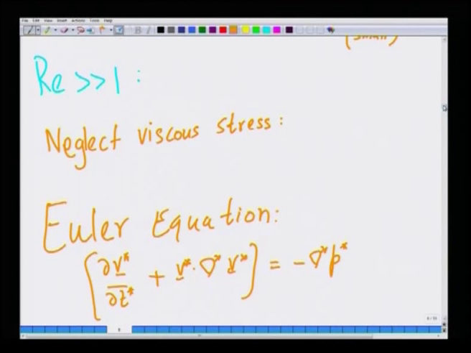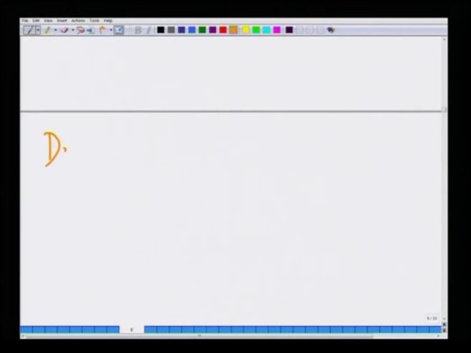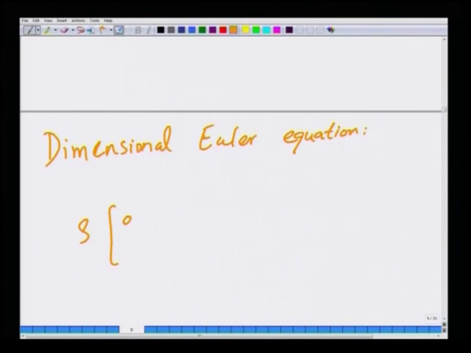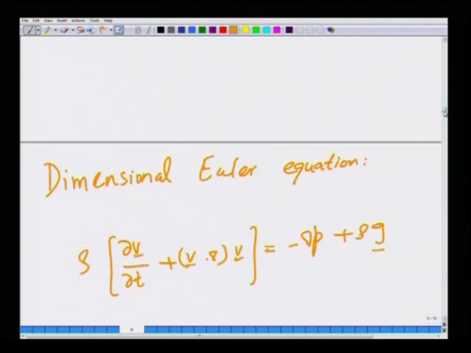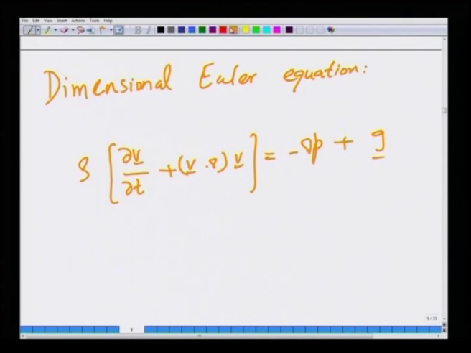So, this is the non-dimensional Euler equation, but we want to work with the dimensional Euler equation to begin with. So, we will write down the dimensional Euler equation, which is nothing but rho times DV/Dt equals minus del P, and if you have body forces, plus rho g.